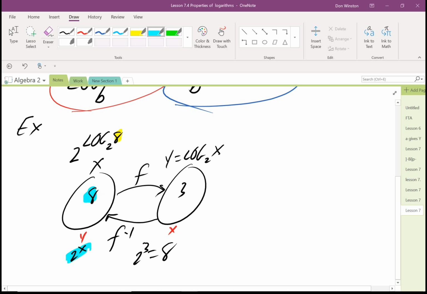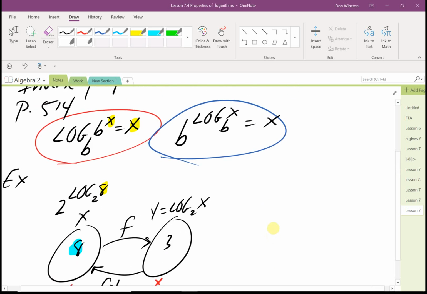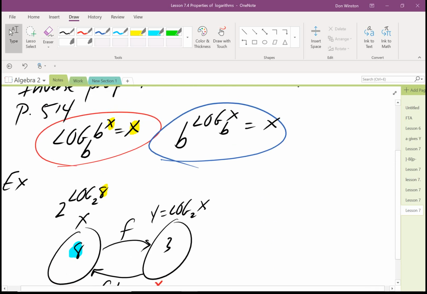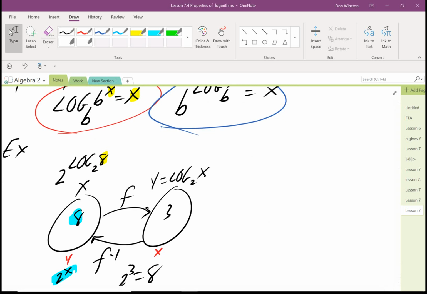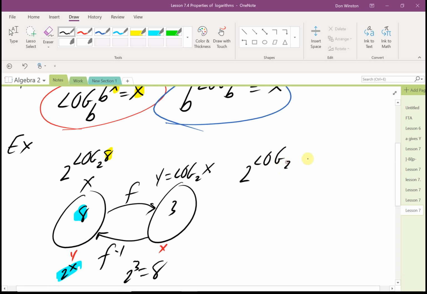So that's nice. There's the property that if you take a base and raise it to a log with the same base of x, you get right back where you started from. You get x. So for example, 2 raised to log base 2 of 7, well, that's just going to equal 7.